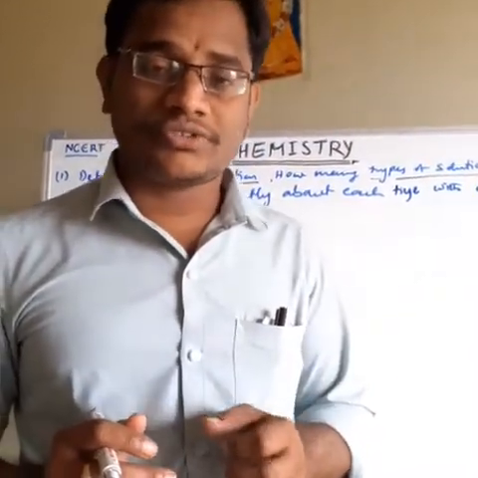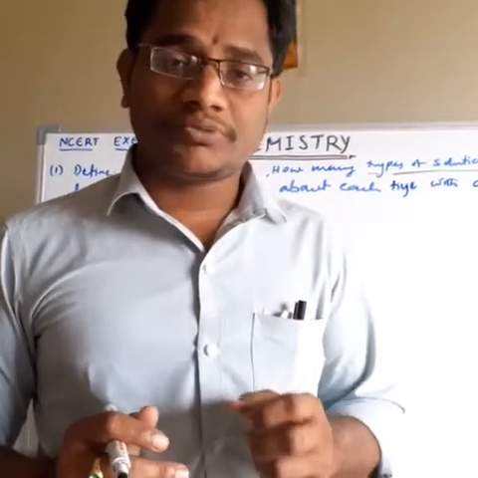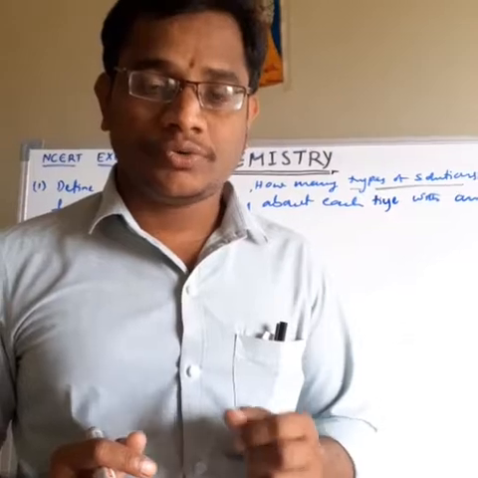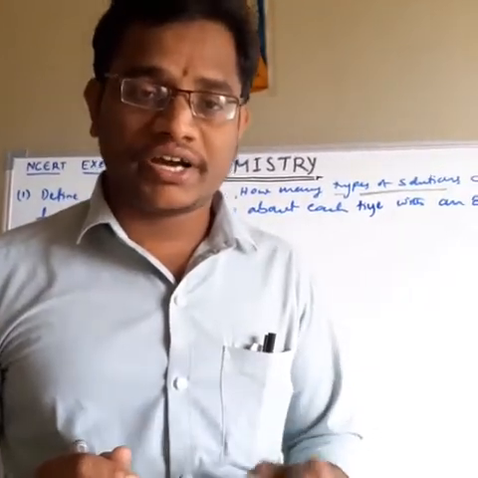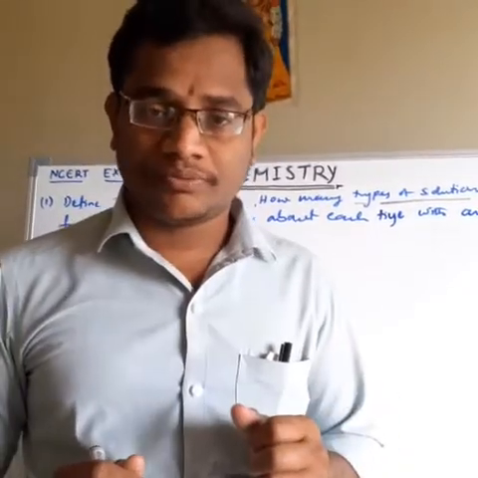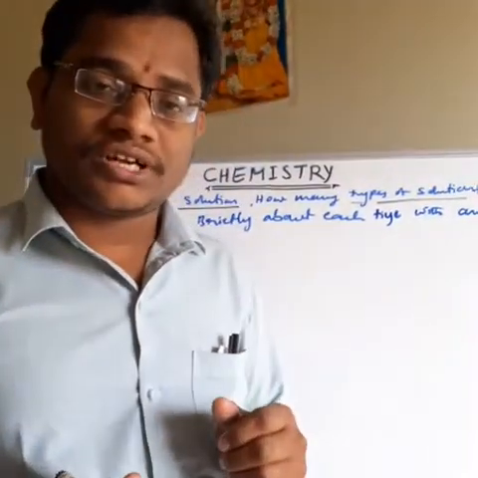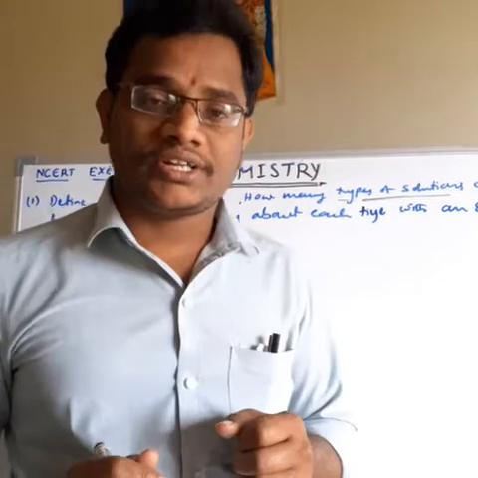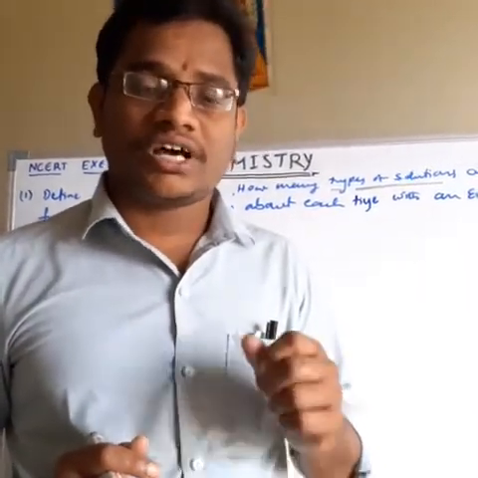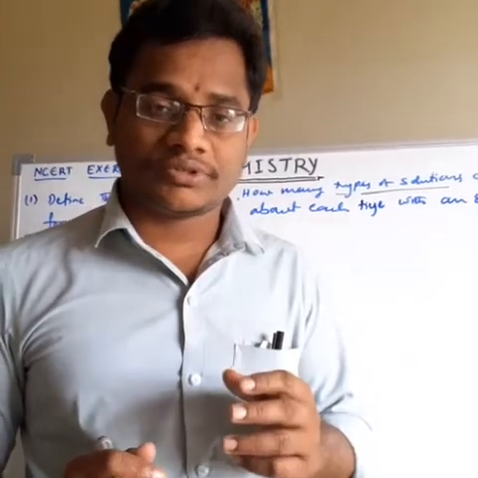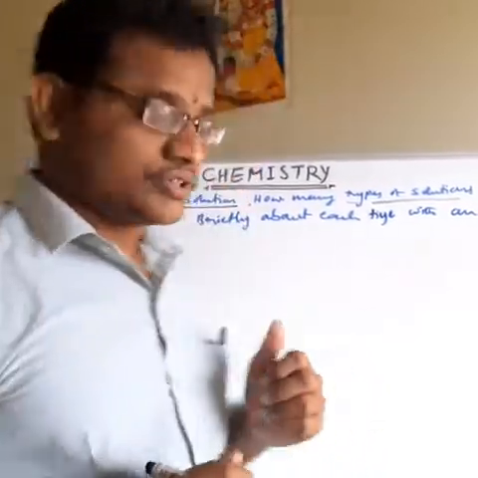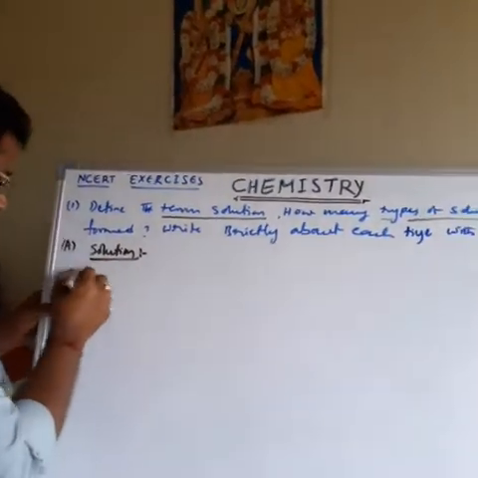So once again, what does solution mean? A homogeneous mixture of two or more non-reacting components whose composition can be varied within certain limits. That is called a solution. There are different types of solutions. Depending on the nature of the solvent, solutions are classified into three types: gaseous solutions, liquid solutions, and solid solutions.